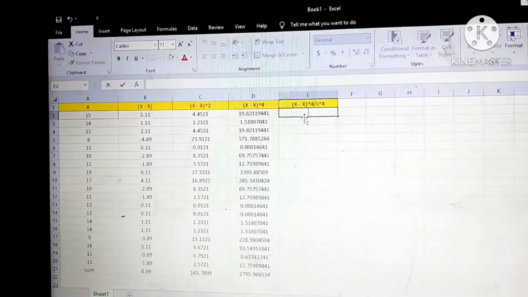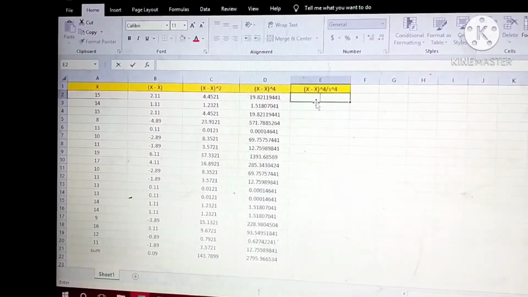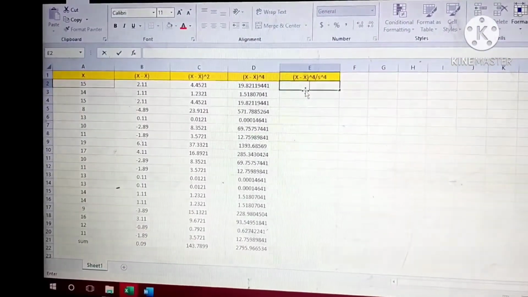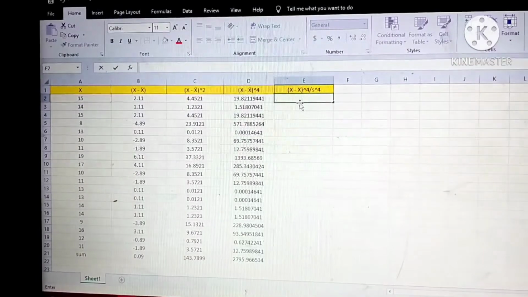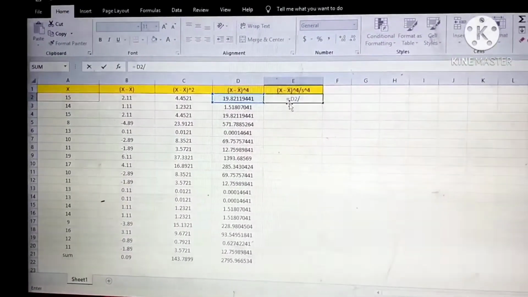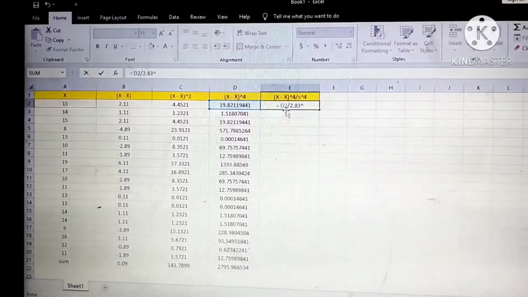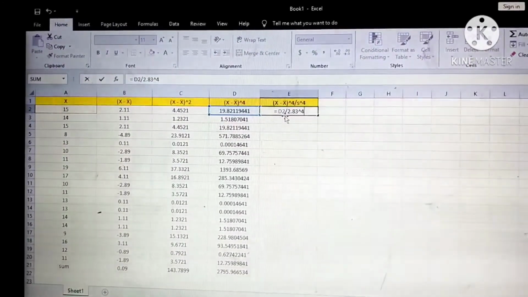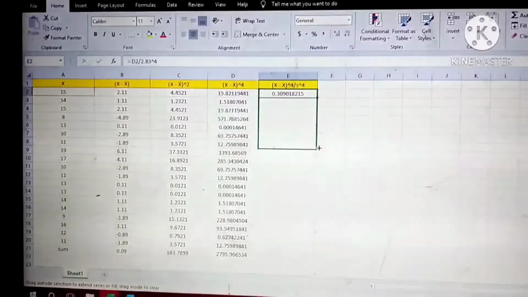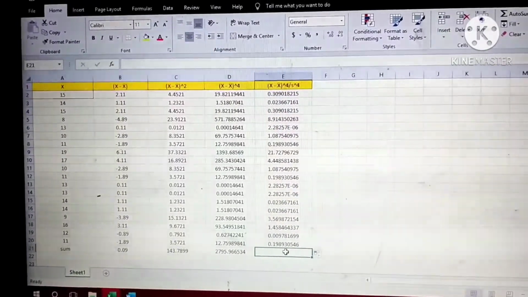Since we already have the value for standard deviation, same process of what we did to columns 1, 2, 3, and 4. But for now, we're going to use the formula E2 equals D2 over 2.83 raised to 4th power, then enter, then drag it into the last row, then we have the values.